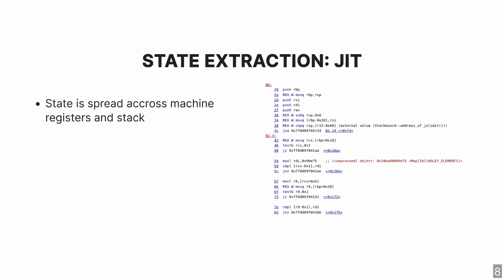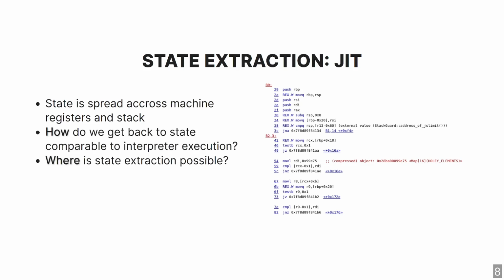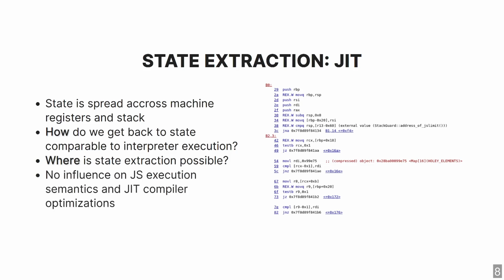In JIT, the state is spread across the stack and machine registers, and it's not obvious how we can get back something that is comparable to an interpreter-only execution, and where the state extraction is even possible.